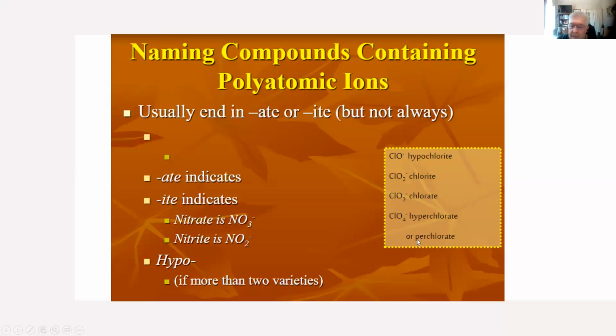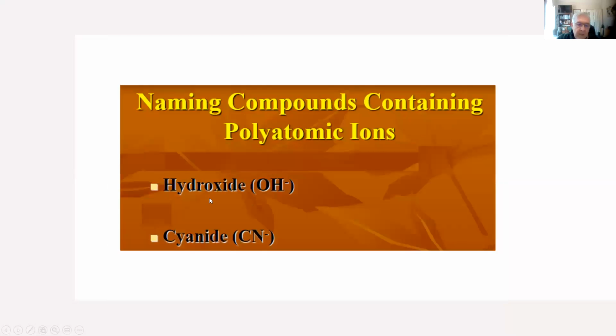All right? This is also known as perchlorate. These are important polyatomic ions. The OH negative is known as hydroxide, and the CN negative one is the cyanide.